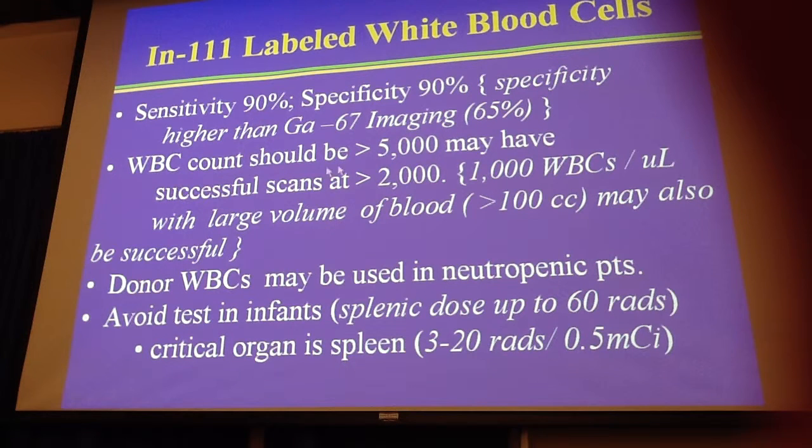Going back, the white blood cell count should be over 5,000. If you have less than 5,000, around 2,000, you need much more blood. You may need to use donor blood.